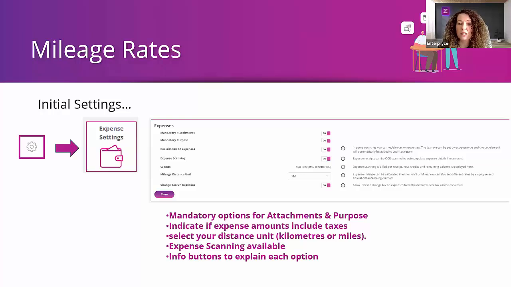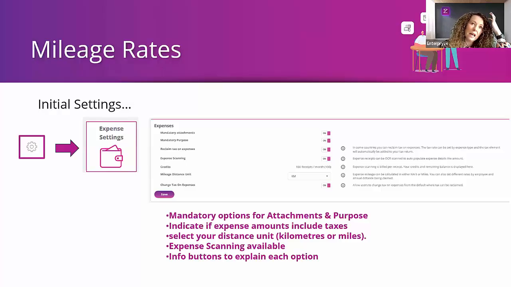Next down we have mileage distance unit. Is it kilometers? Is it miles? Simple as that. Do you want your users, this is your expense users, this is the next option, to change the tax on expenses?